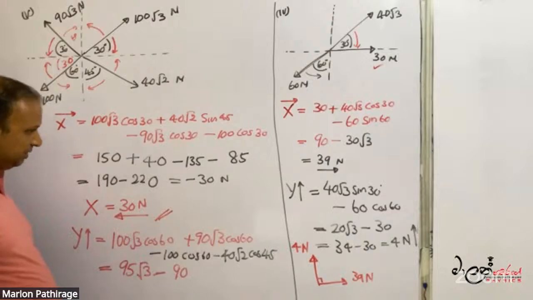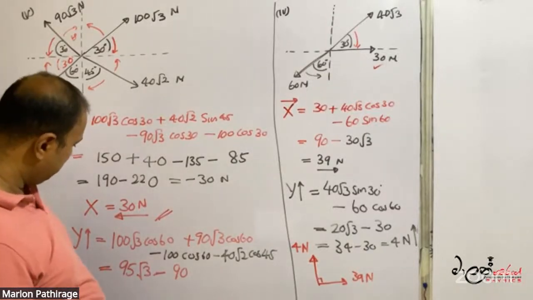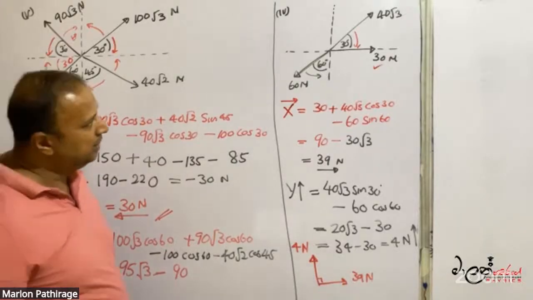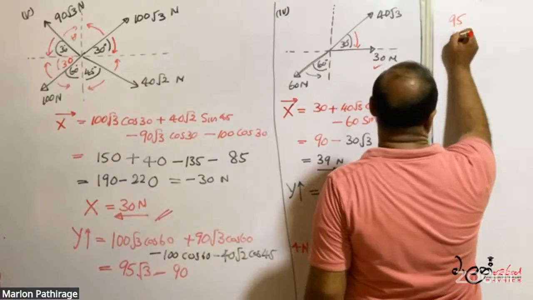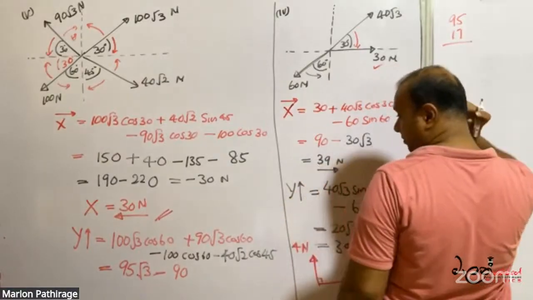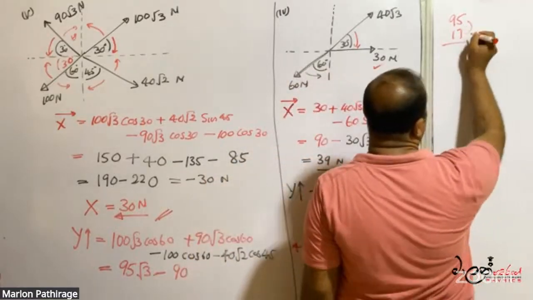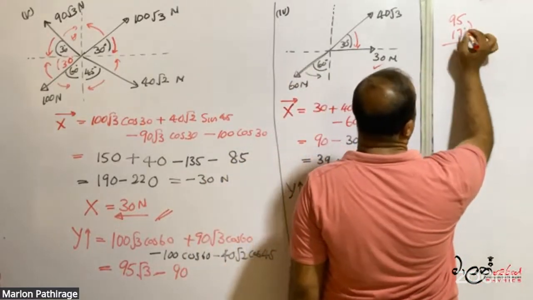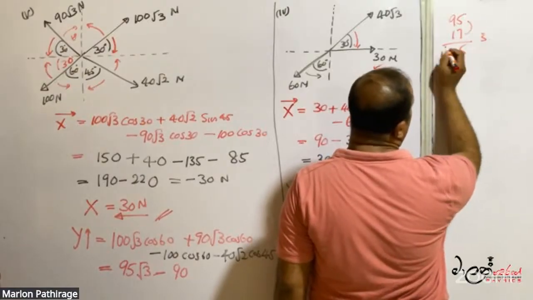Well, 95 into root 3 means 95 into 1.7, which is about 161.5. Right?